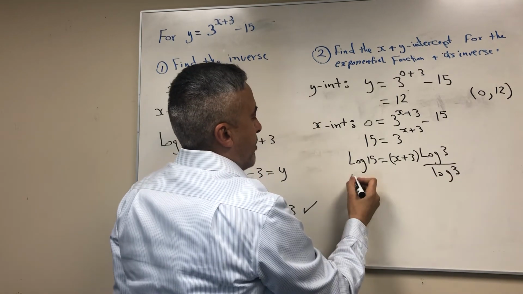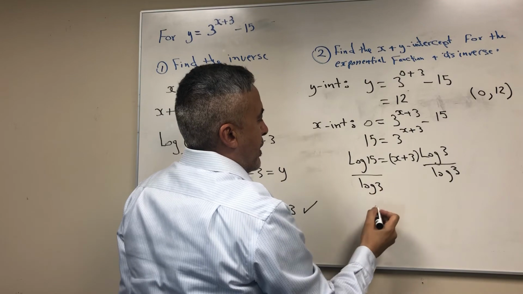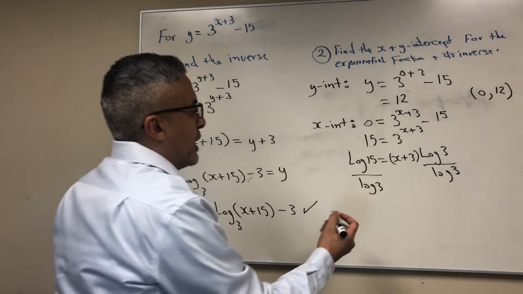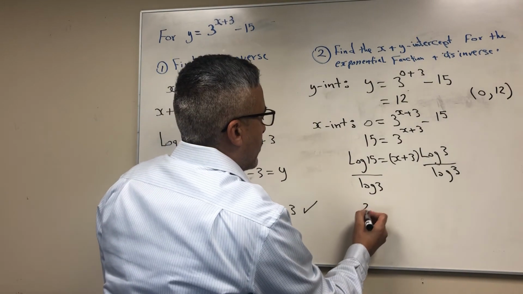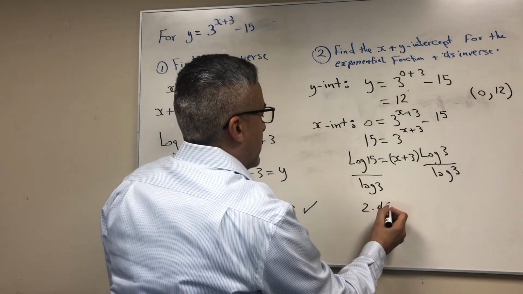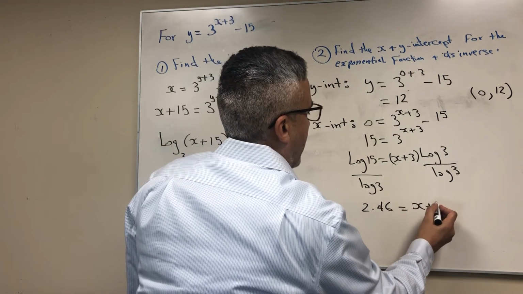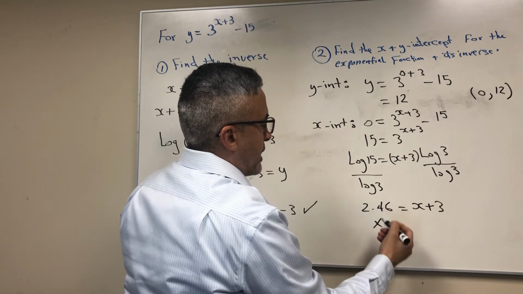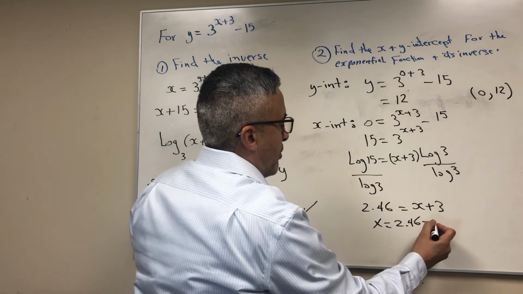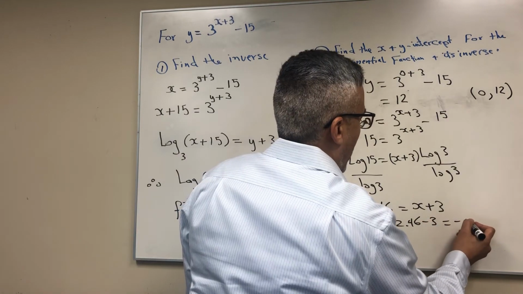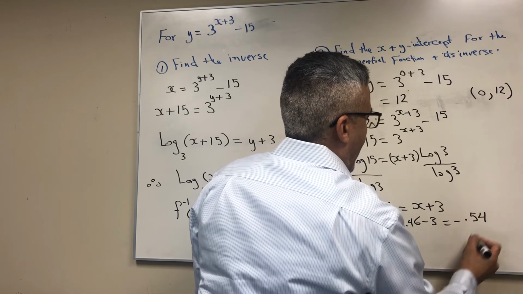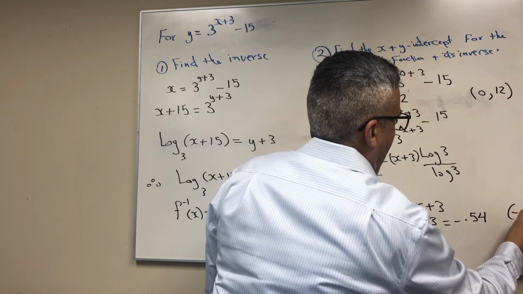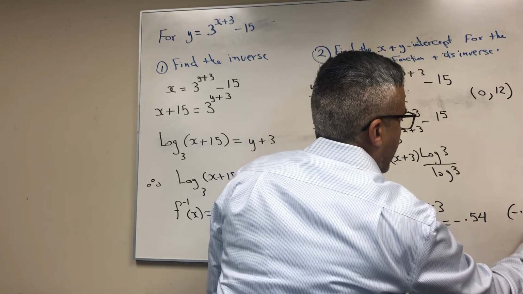If we use our calculator to do this, we get 2.46 equals x plus 3, and therefore x would equal, move the 3 to the other side, 2.46 minus 3, negative 0.54. So now my x-intercept is (negative 0.54, 0).